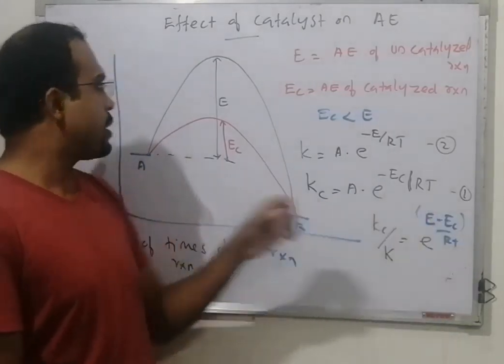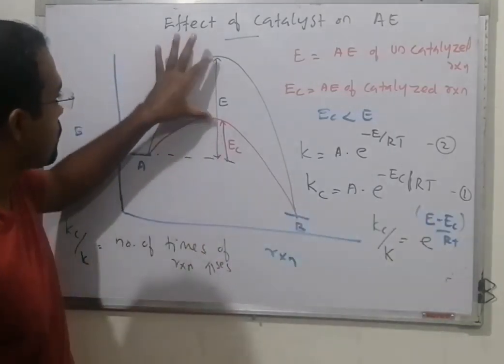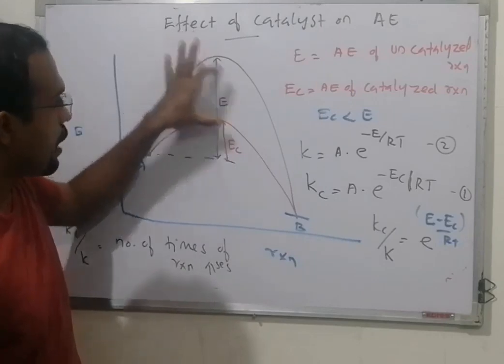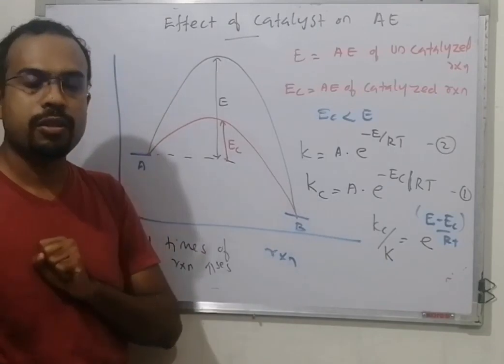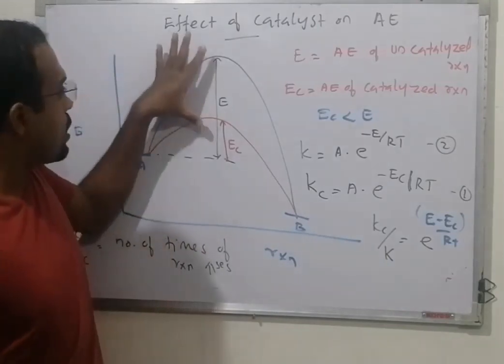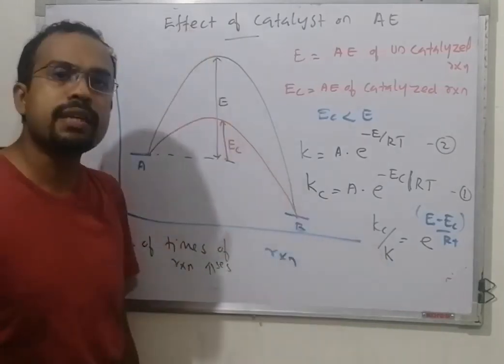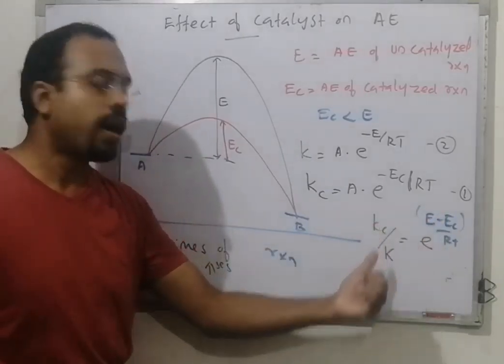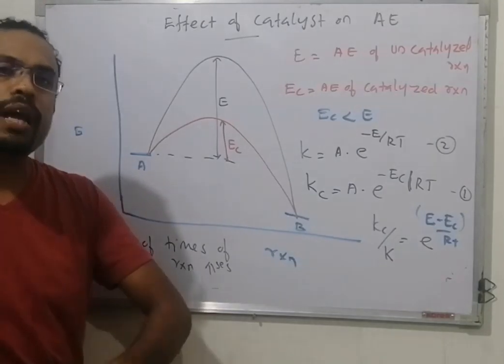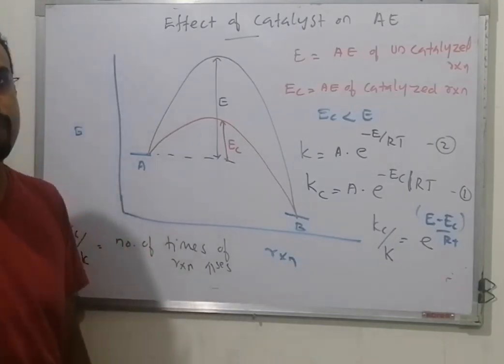If E minus EC, that is this difference, is higher, Kc by K will be higher. Do you agree? If E minus EC is higher, Kc by K will be higher. Therefore, the higher this value, the higher the number of times the reaction increases.